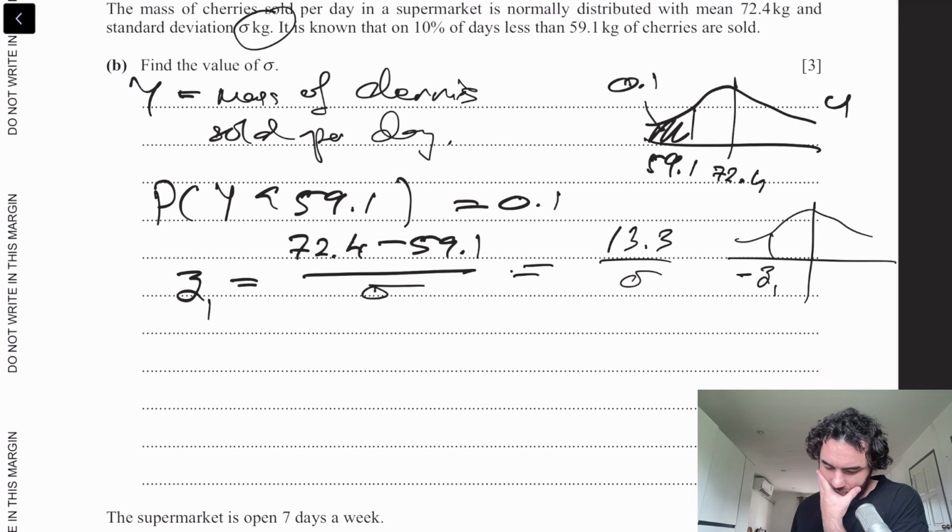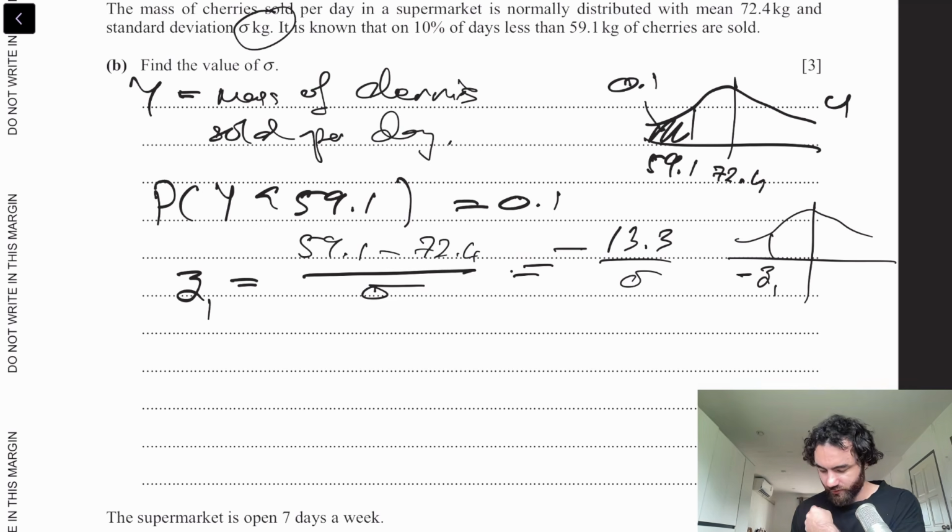Should be negative. Oh, I did it the wrong way around, that's why. Z is x minus mu, I did mu minus x. So this is 59.1 minus 72.4. So that's minus, which makes sense.